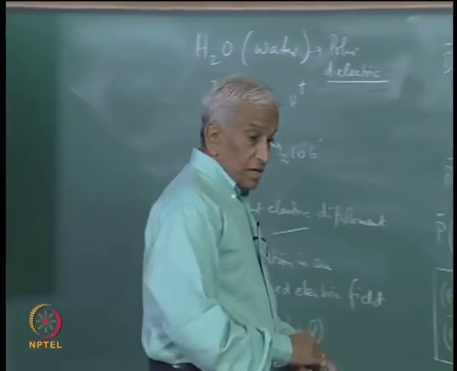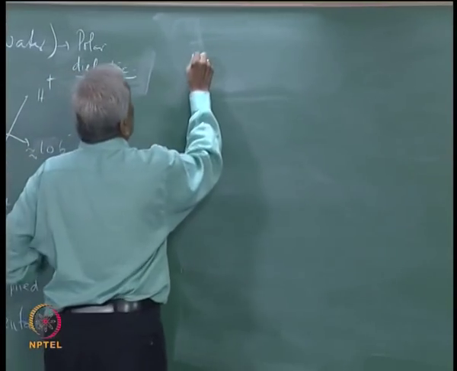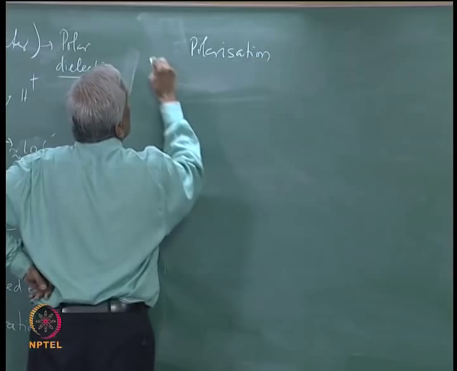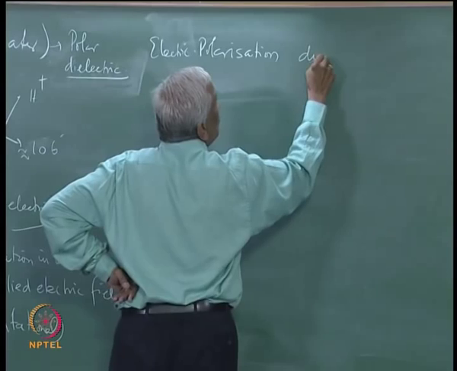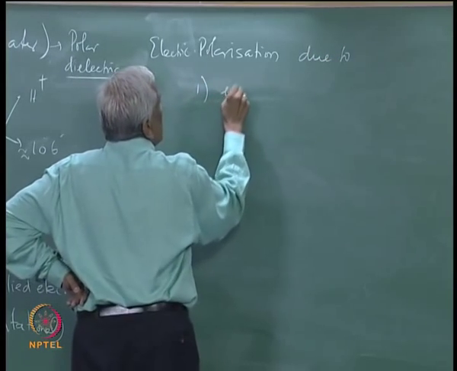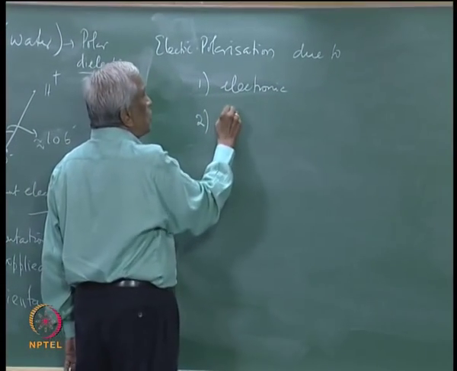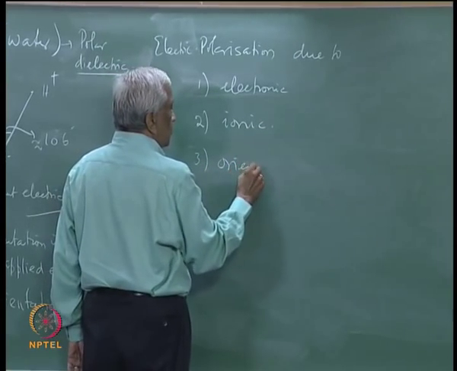So, you have in all 3 contributions arising from different mechanisms to the net dielectric polarization and hence the dielectric constant. What are they? The electric polarization is due to 1, an electronic polarization, 2, an ionic contribution, and 3, an orientational contribution.